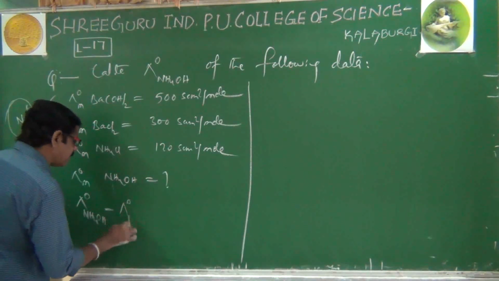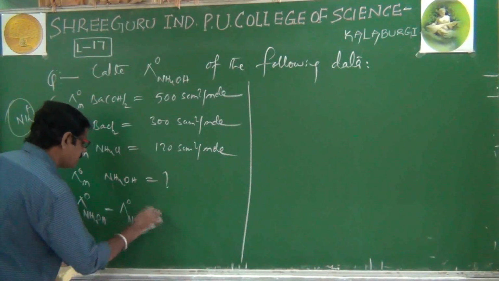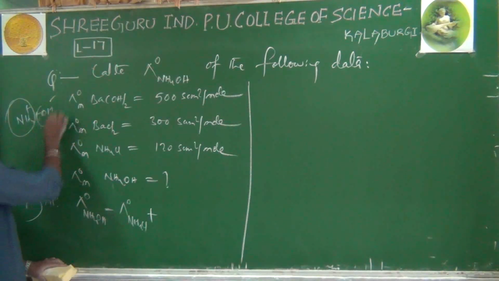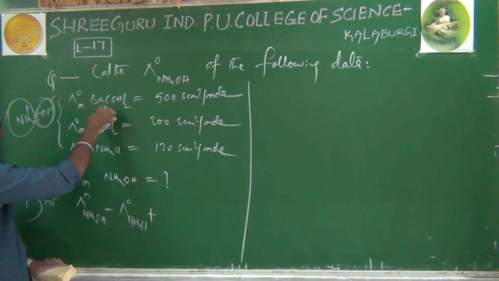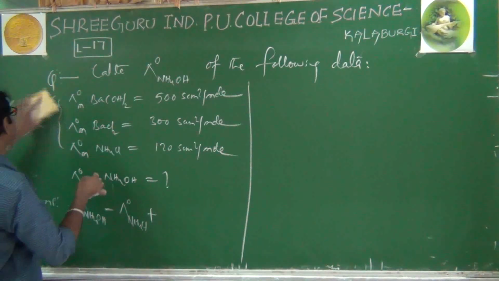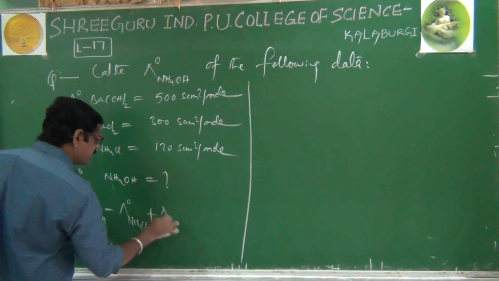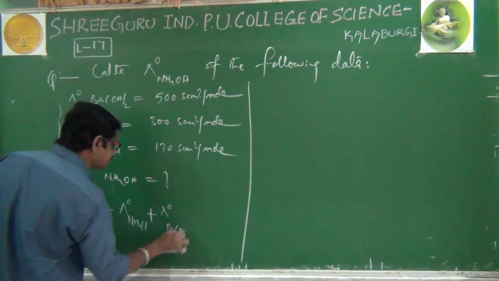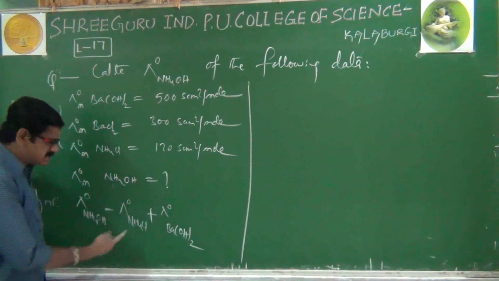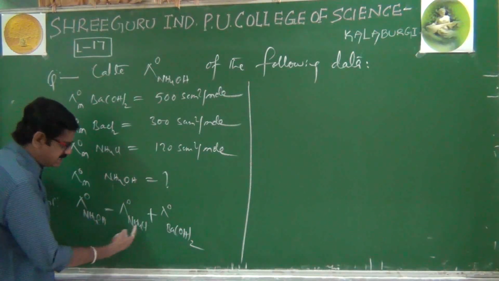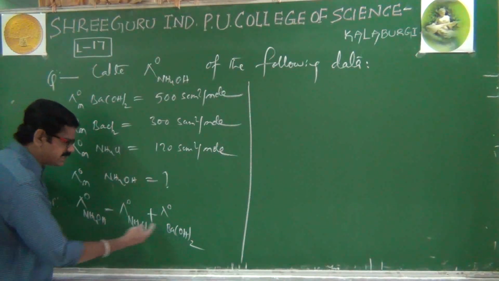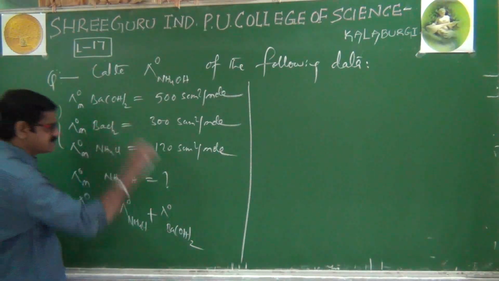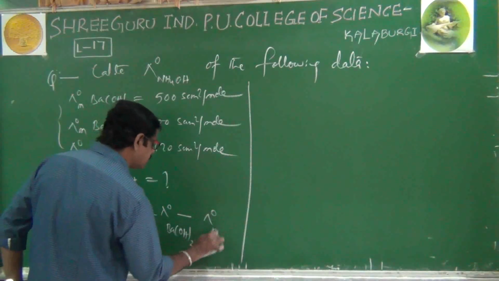That's why we write lambda naught NH4Cl, plus then the OH- ion containing electrolyte. Out of these three, the OH- containing electrolyte is barium hydroxide, taken twice. Therefore lambda naught barium hydroxide gives NH4+ OH-. But we don't want BaCl, so the BaCl2 related electrolyte will do the subtraction.